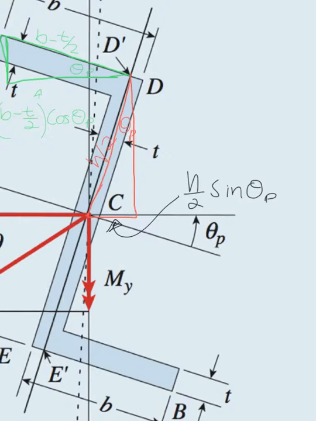Okay, I'll just try and use different colors because the drawing is getting cluttered. If we look at point D, we start off by finding the y coordinate. It means that we want that vertical distance. That's what we're looking for.